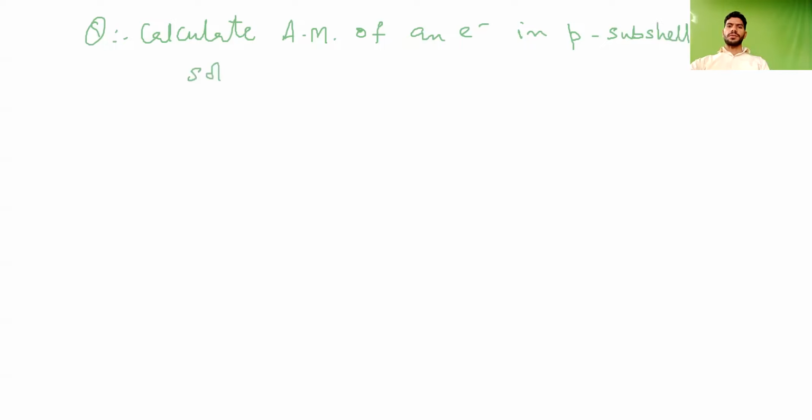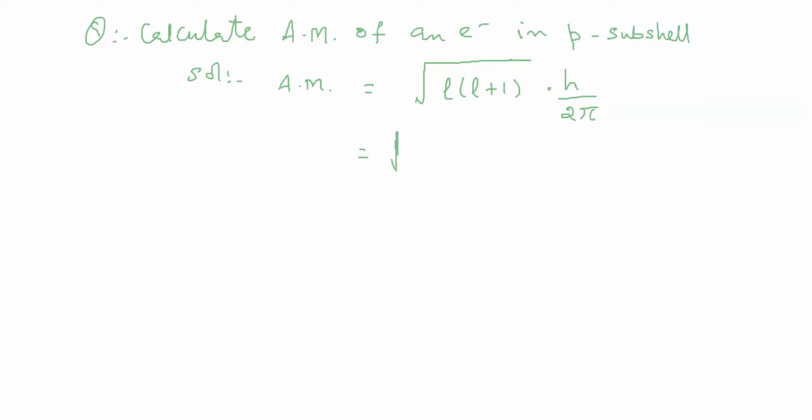The formula is that angular momentum is always equal to root of L into L plus 1, then h upon 2 pi, right? So what is the L value for P subshell? I hope you remember that table. For S, L value is 0. Exactly. For P, it is 1. So I will just write it here: root of 1 into 1 plus 1, into h upon 2 pi.